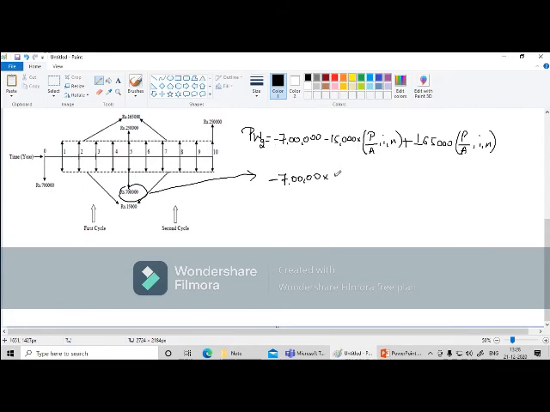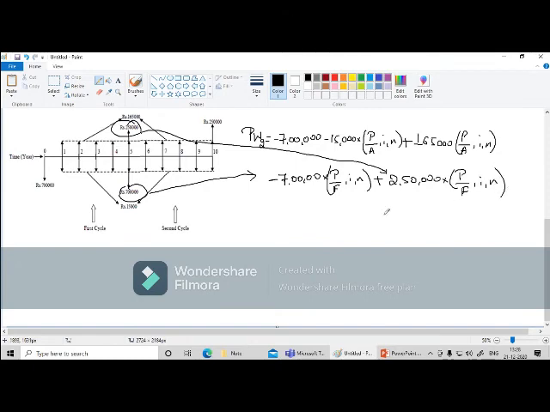So 7 lakh P by F, i comma N. Similarly, this 2,50,000 is also there, again a one-time value, P by F, i comma N. Again, one more 2,50,000 is there, which is at the end.